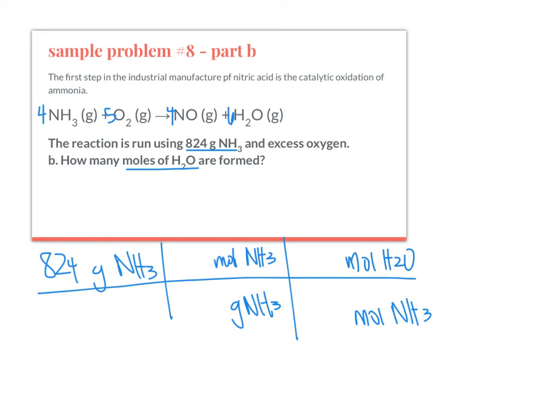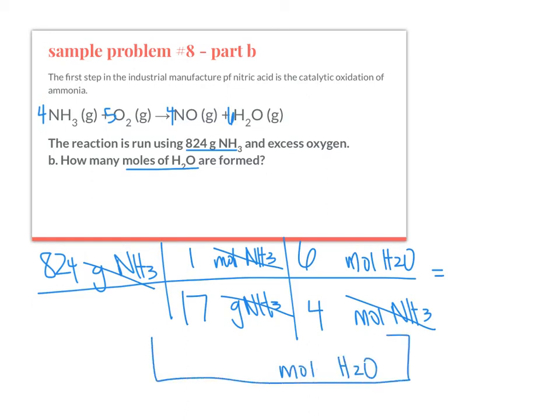The molar mass for ammonia is 17 grams in 1 mole. And then using our balanced equation, we have 4 moles of ammonia and 6 moles of water. Grams of ammonia cancel, moles of ammonia cancel, so that you just have to figure out how many moles of H2O there are.